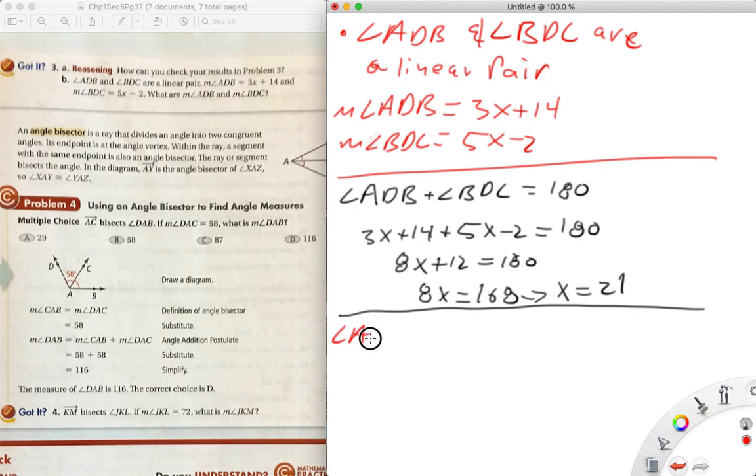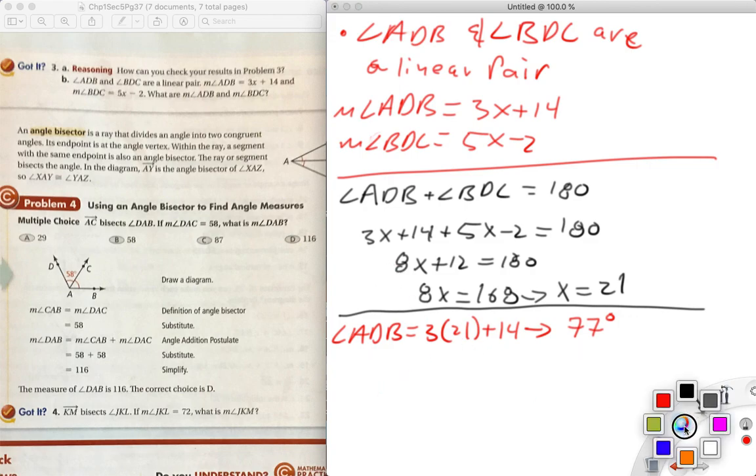So to find the angles, angle ADB equals 3 times 21 plus 14, which equals 77 degrees. So if they're supplementary, the other angle should be 103.